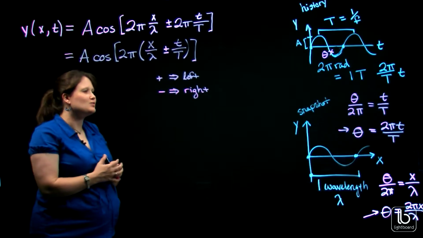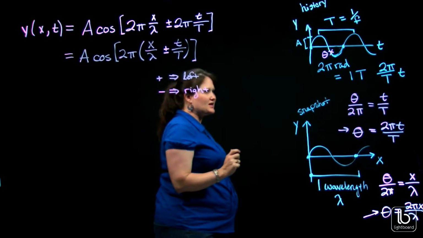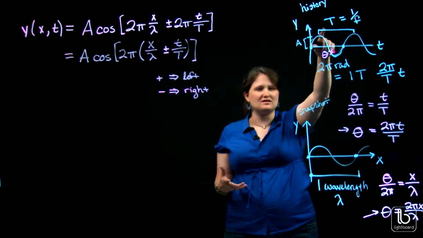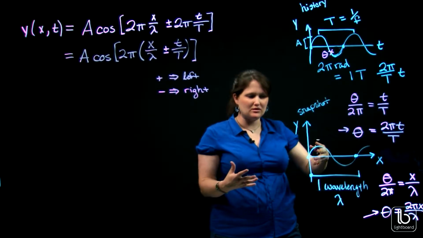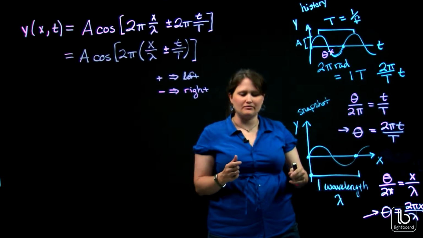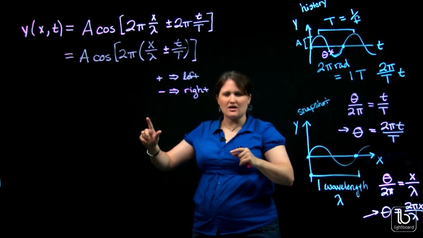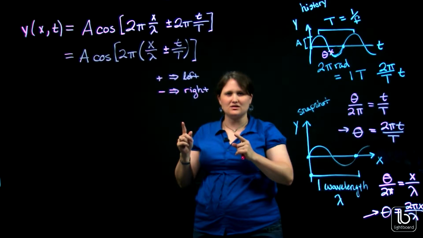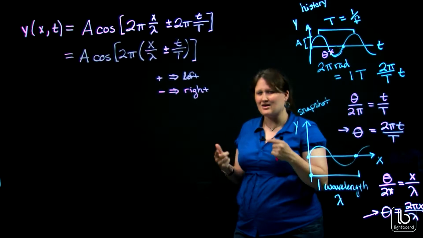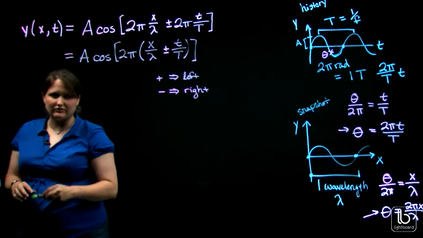So there's one other really interesting piece here that we can take away from this. Remember, I said that effectively the period is the time it takes for one cycle to happen. And the wavelength is the physical length of the wave for one cycle. So if I have a traveling wave, and I know how long one cycle takes, and I know the distance one cycle takes up, I can actually figure out the velocity of the wave itself.